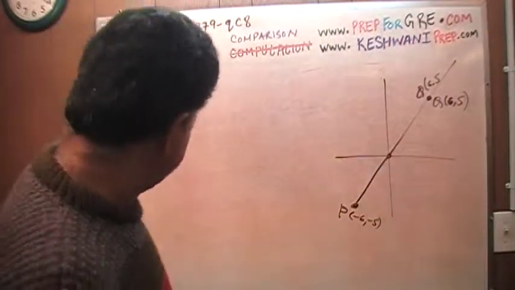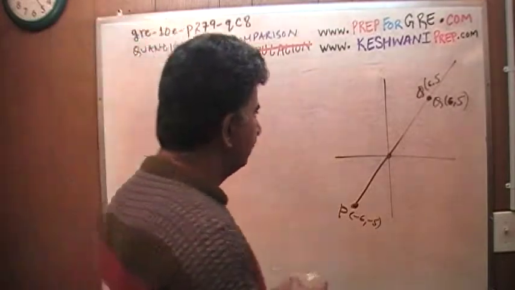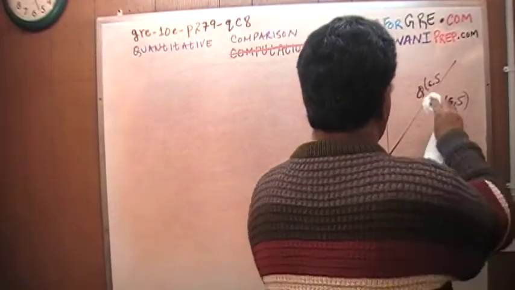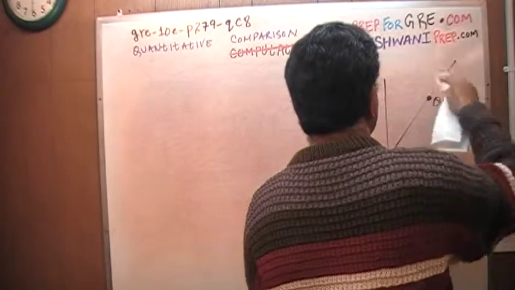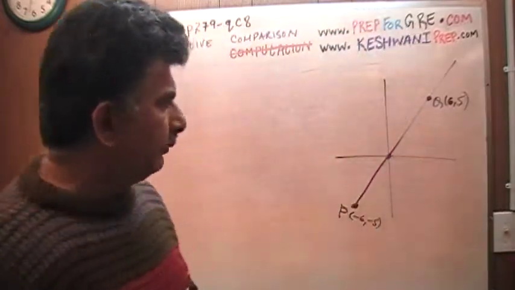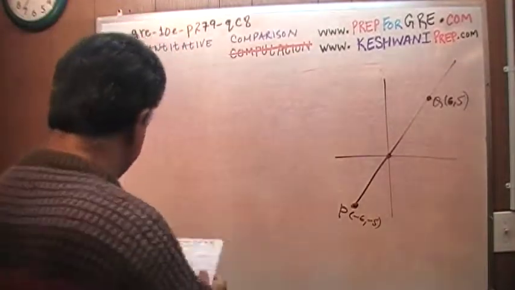They give you 2 points, point P and point Q, and they simply want you to compare these two quantities.